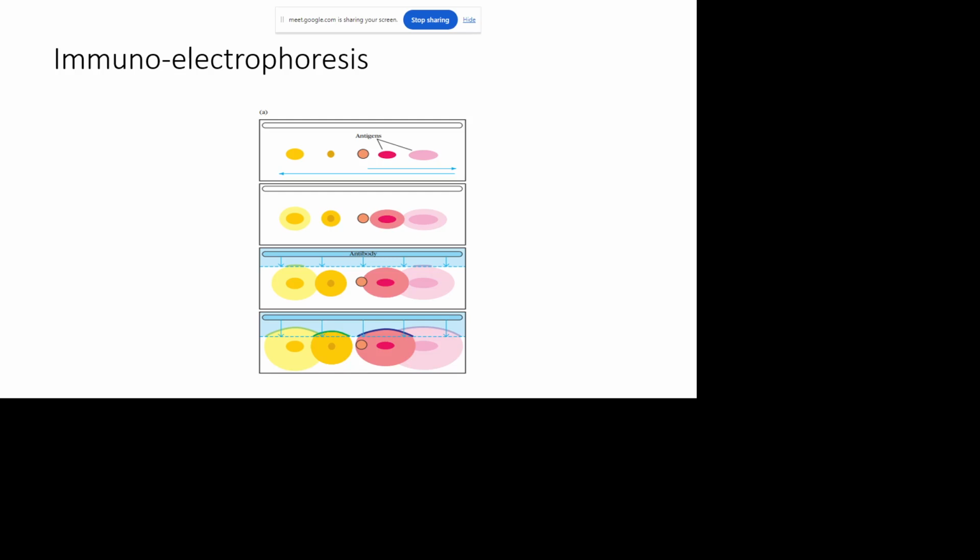Then this technique will be very useful, because first you need to separate those individual proteins, and for each of the individual proteins you can find this migration distance where it will give you the precipitation curve, right?